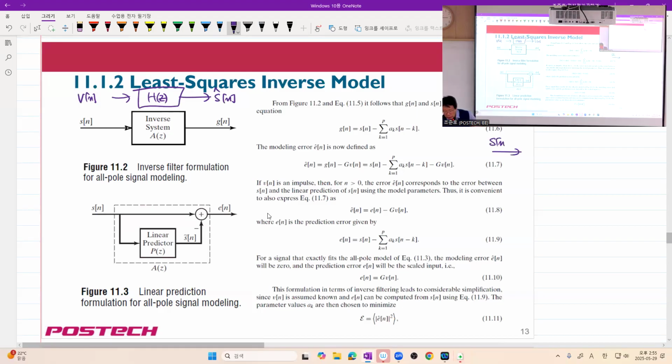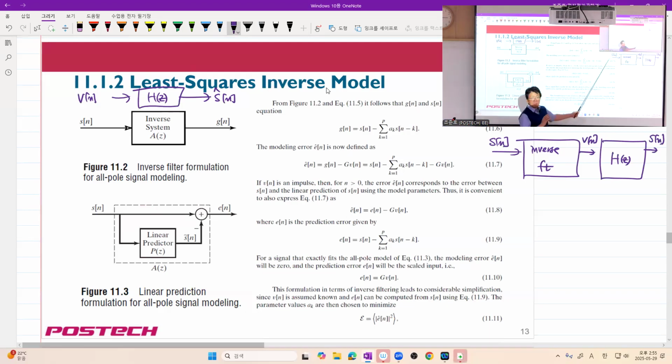Here goes S. And if we have the inverse function, then we have V, and here goes H, and we have S. If the approximation is perfect, then we have S in and S out.